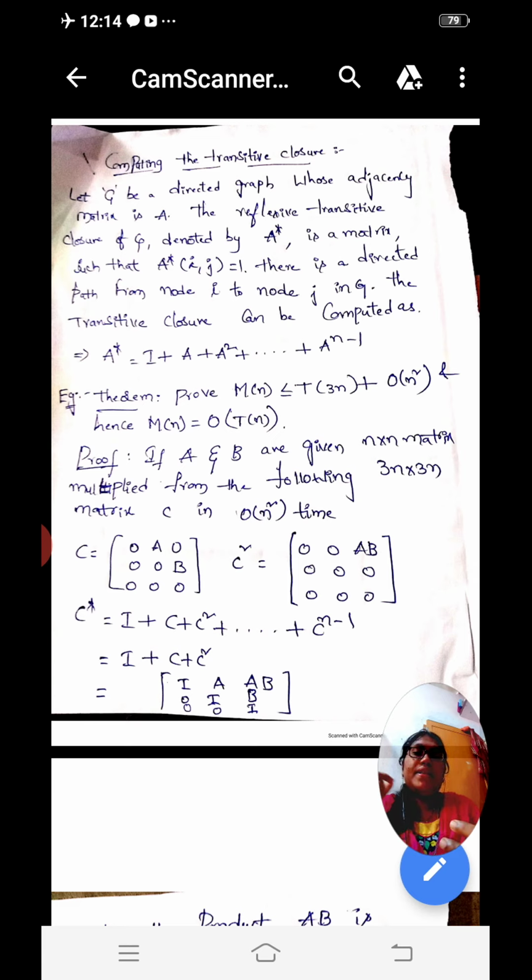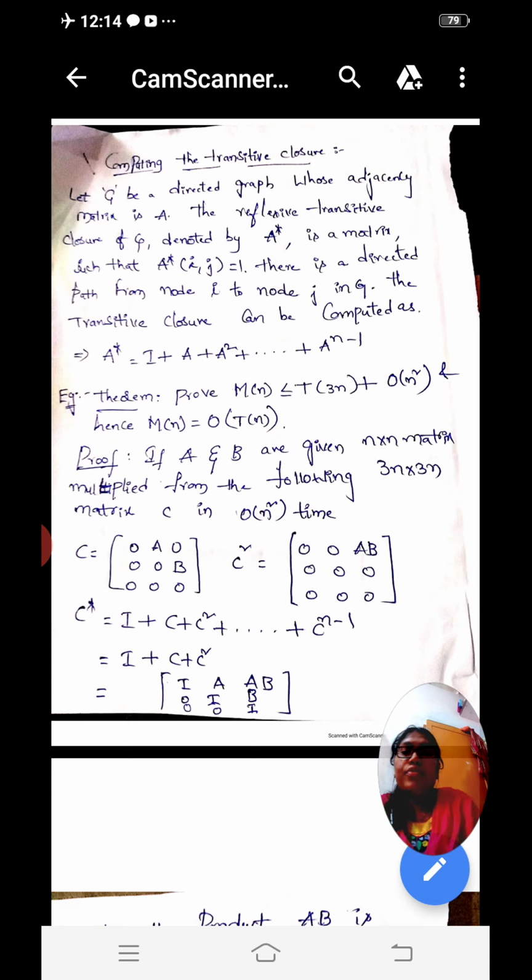This is computing the transitive closure matrix A. The reflexive transitive closure of G, denoted by A asterisk, is a matrix such that A asterisk I comma J is assigned 1 if there is a directed path from node I to node J in graph G. The transitive closure can be computed as A asterisk is assigned I plus A square plus, and so on, up to plus A power n minus 1.